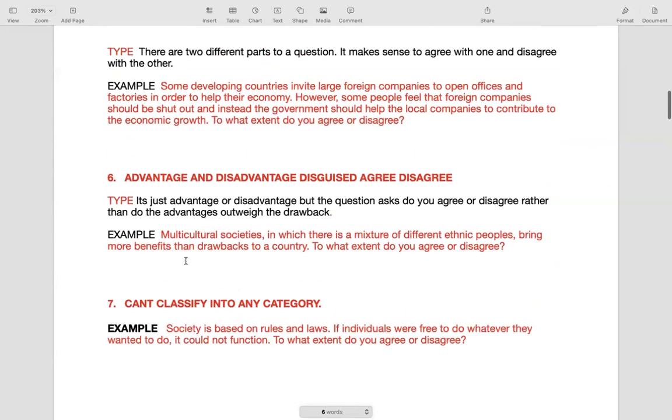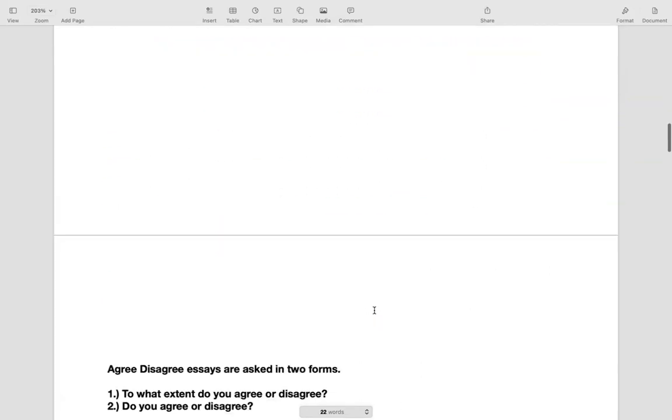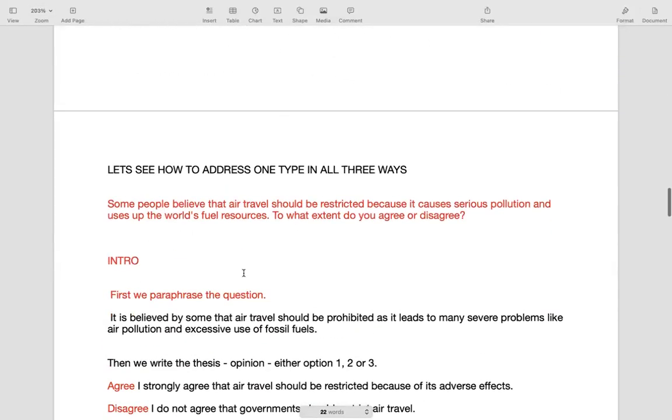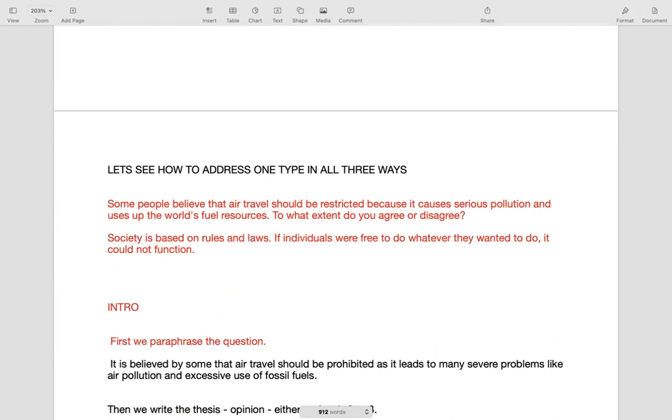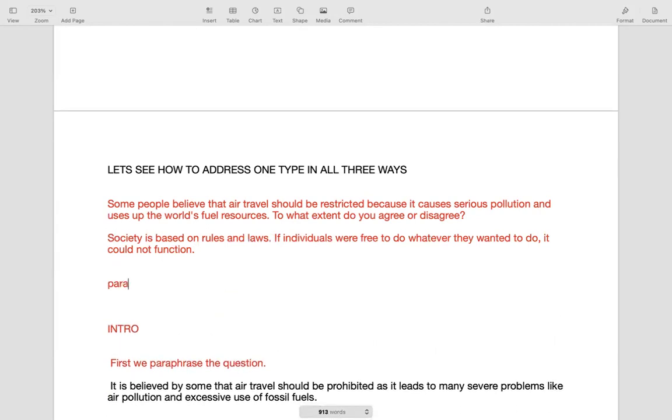Even if the essay does not mention some people believe, I am going to write that at the beginning of my introduction. Why am I going to write that? I'll tell you what I mean. Let's take this question. Society is based on rules and laws. If individuals were free to do whatever they wanted to do, it could not function. If I just copy pasted and paraphrase this without writing it is believed by some, then it would be taken that you agree with it because you are writing it.